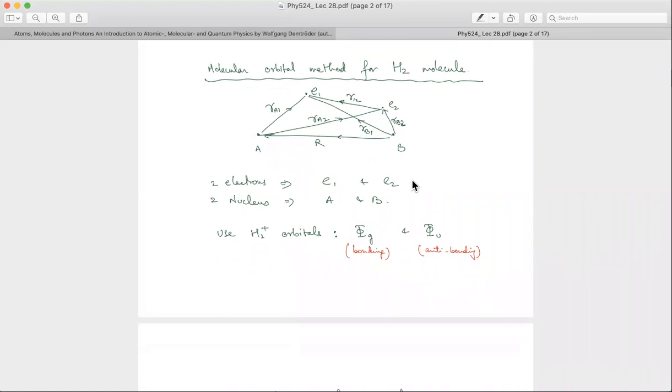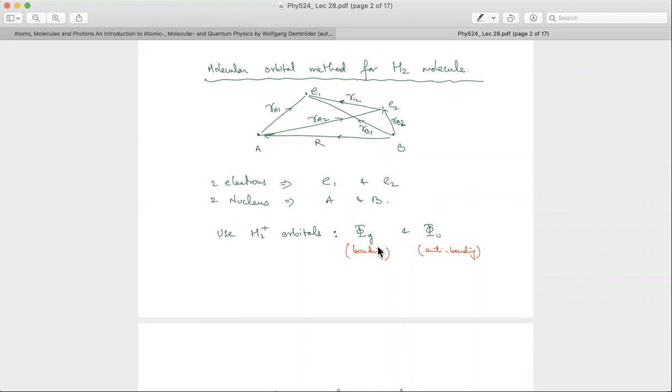Okay. And then let's start with the H2 plus orbitals, basically, right? In the last class, we already saw that because of the permutation symmetry of the nuclei, we are forced to build these symmetric and antisymmetric orbitals, which are the gerade and the ungerade orbitals, basically. And later we found that the gerade orbitals have lower energy, so they are called bonding orbitals.